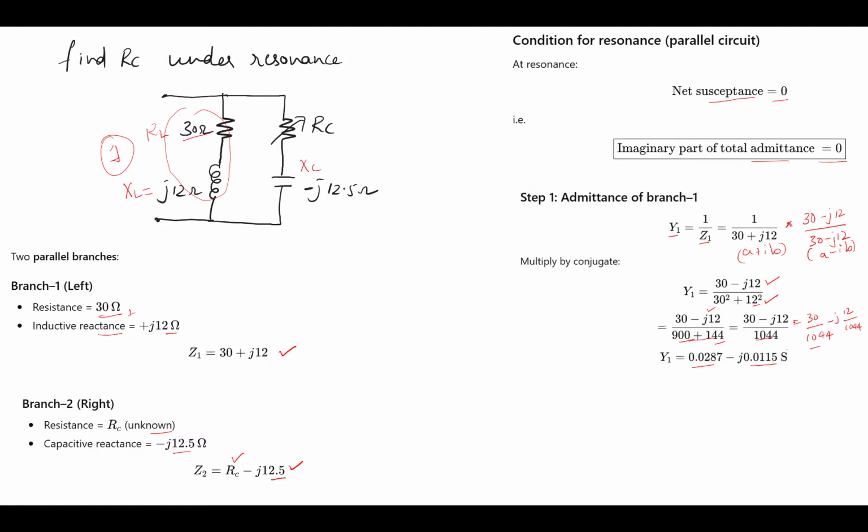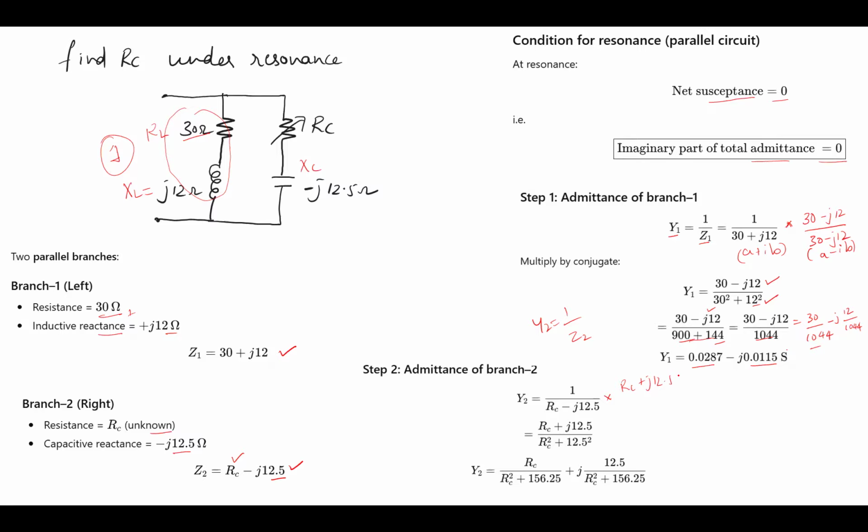Similarly, for the second branch, Y2 is 1 divided by Z2, whereas Z2 is RC minus j12.5, multiplied and divided by its complex conjugate, that is, RC plus j12.5 divided by RC plus j12.5.